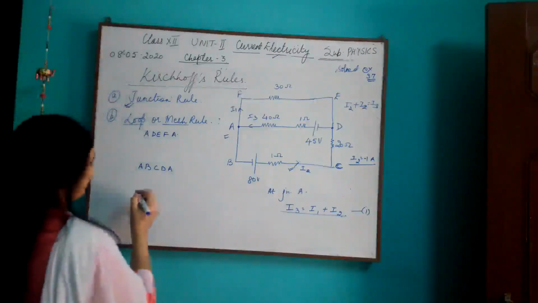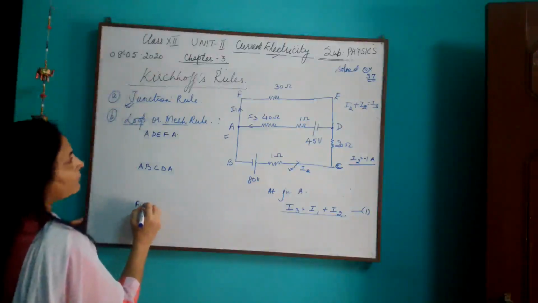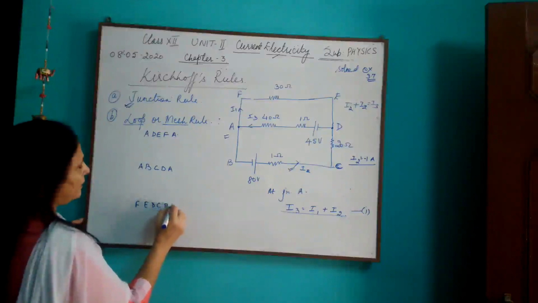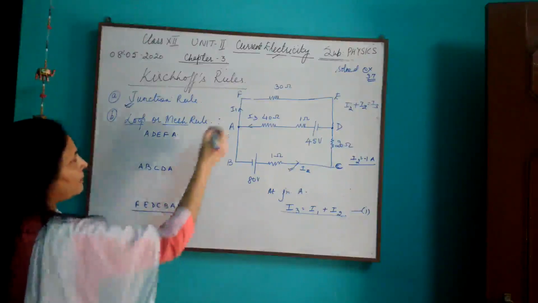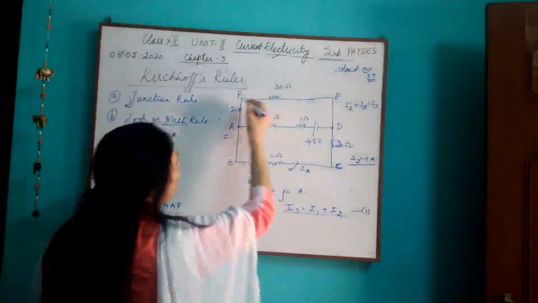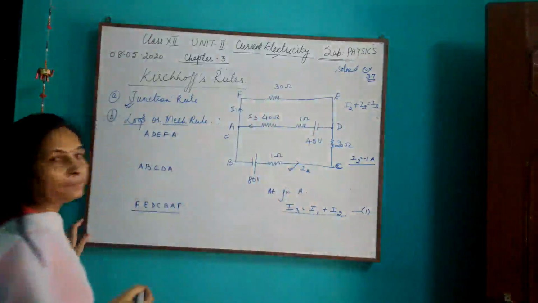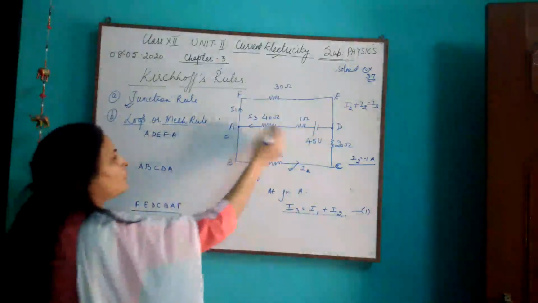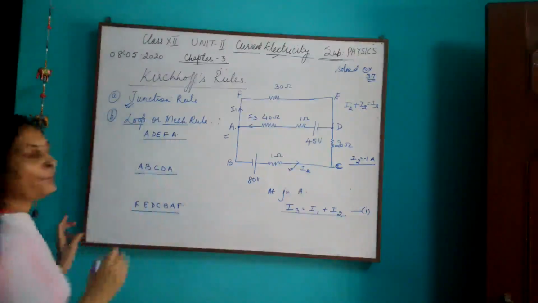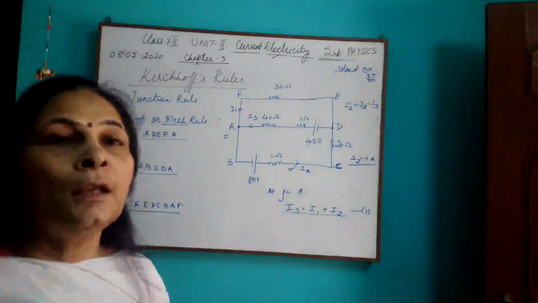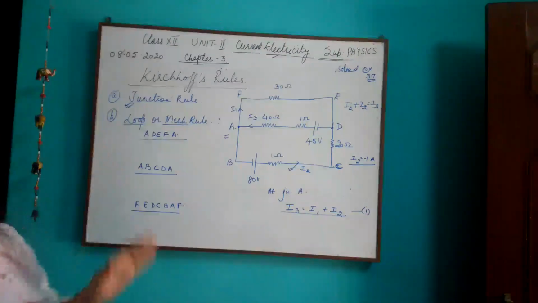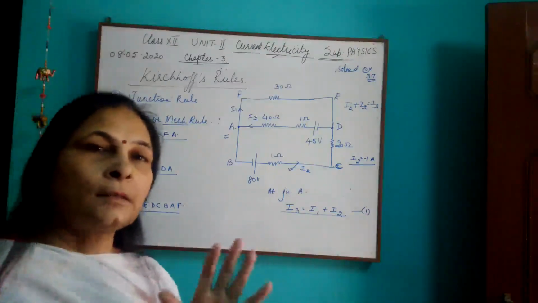Third, F, E, D, C, B, A, F, or F, A, B, C, D, E. I can also write F, B, C, E, F. Intermediate points may not be written. So in this way I am having three closed meshes. So the very first thing for the second rule is to identify the closed circuits.